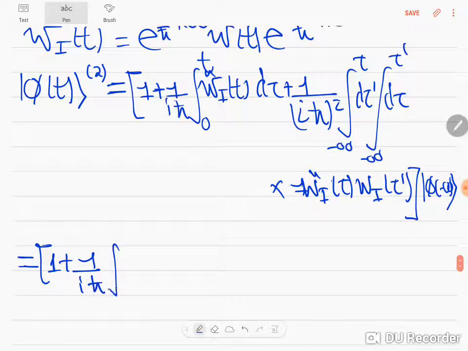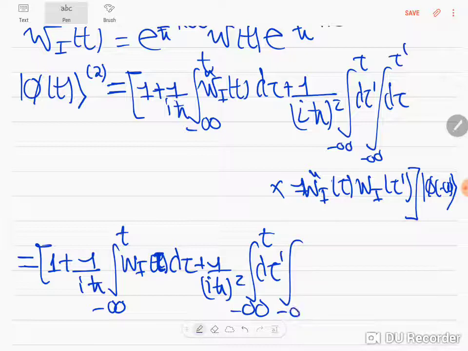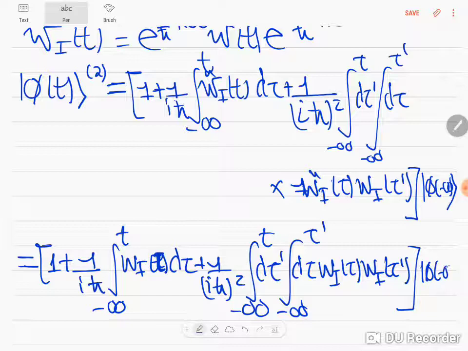So 1 over i h bar integral from 0 to t, perturbation in the interaction picture, sorry, this is in tau, d tau, plus 1 over i h bar squared integral, now this is minus infinity here in the integrals, sorry, minus infinity to t of d tau prime, from minus infinity to tau prime of d tau, perturbation evaluated in tau, perturbation evaluated in tau prime, okay, all of it acting on phi of minus infinity.